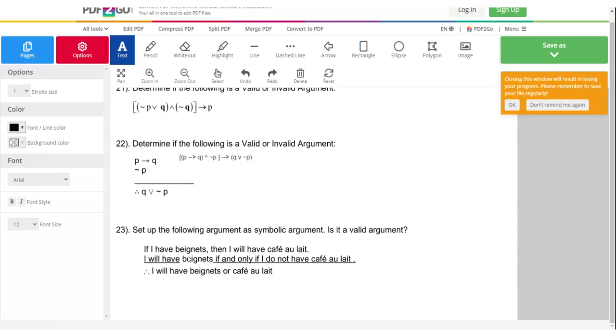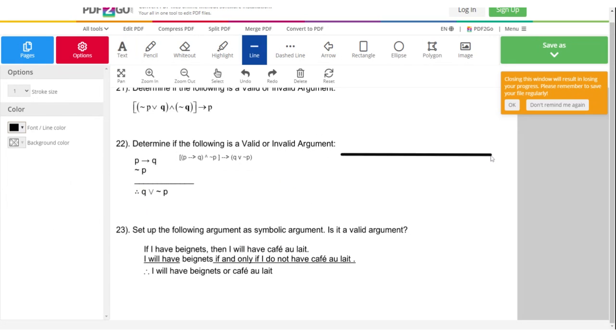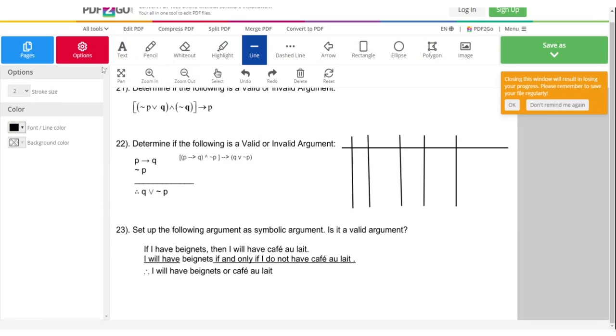You just have to also translate the statements into P and Q. Hopefully that's enough there.